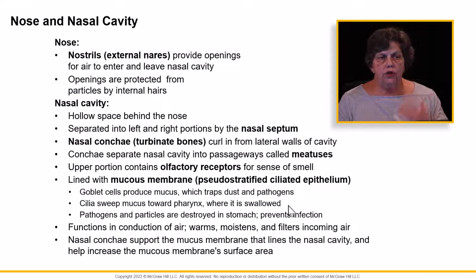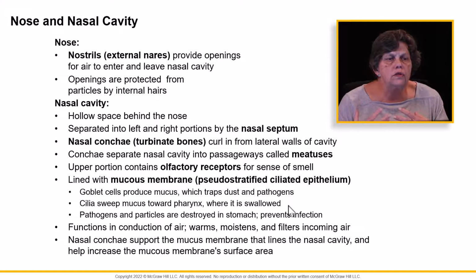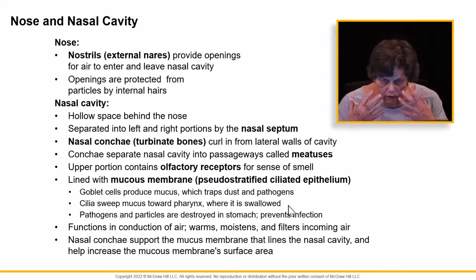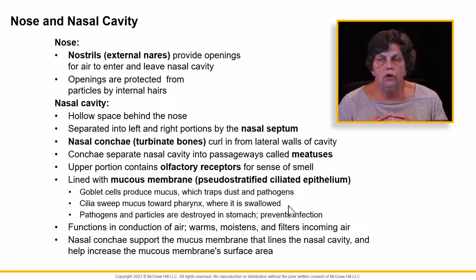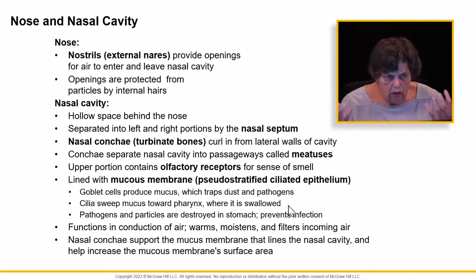All right, so starting at the nose, we have the nostrils, the external nares, which are the openings into the system, and we do have hairs there. We're going to be talking sweep and weep, all right?